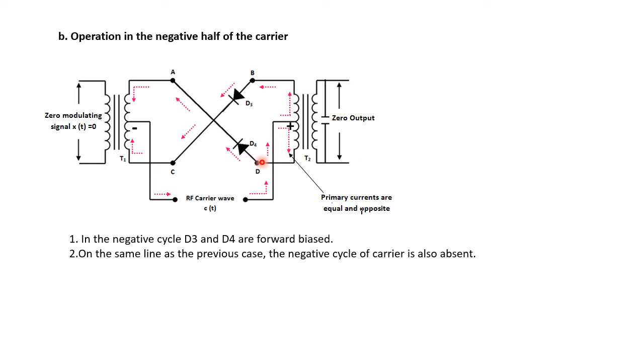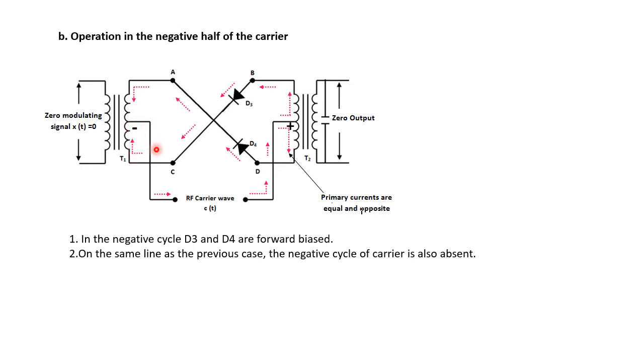If you consider the diode D3, then the current flowing through this diode is shown by the direction of arrows. The current is starting from the diode D3. It is moving like this through the secondary of the transformer T1.